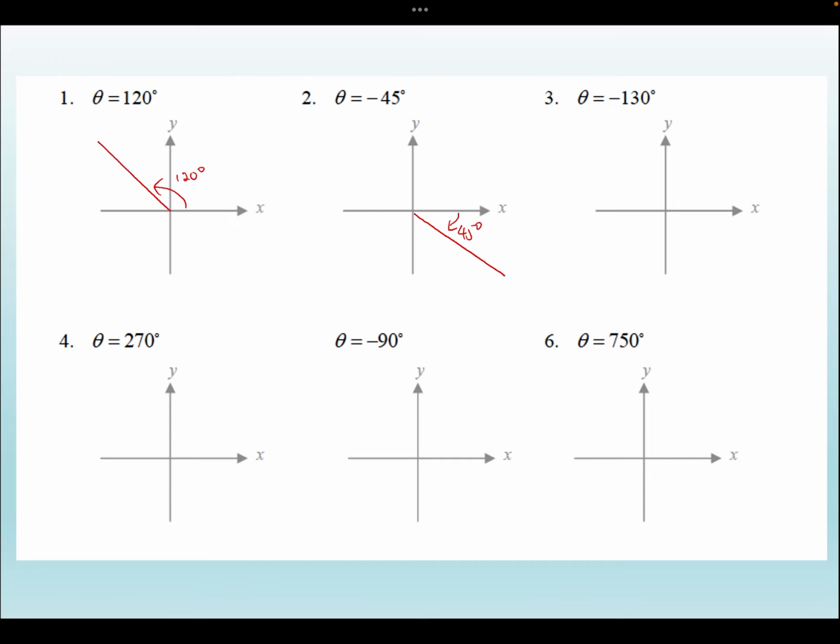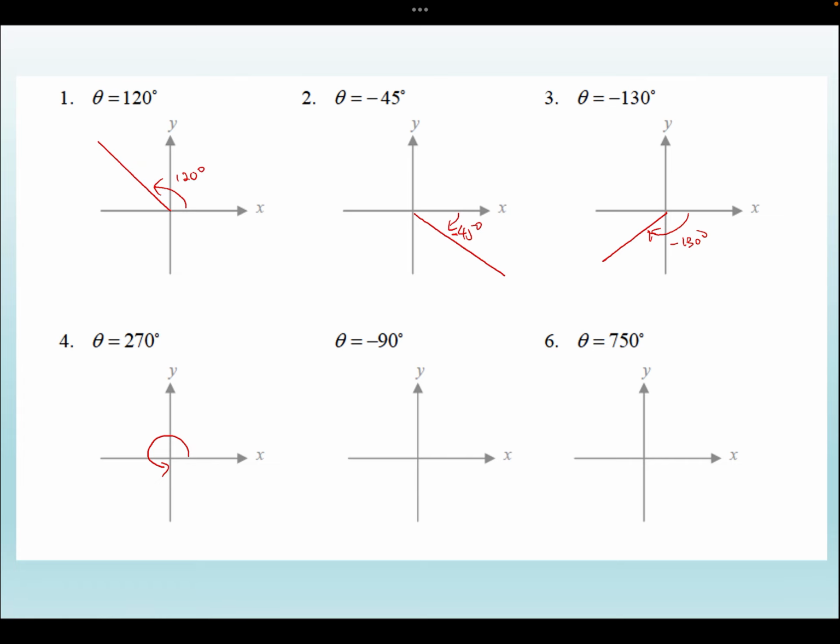Minus 130, so you know from here to here is 90 degrees, and to here that's about 130 degrees. Minus 130 degrees. Make sure that you show the angle. Now 270 degrees, which is 3 times 90 degrees.